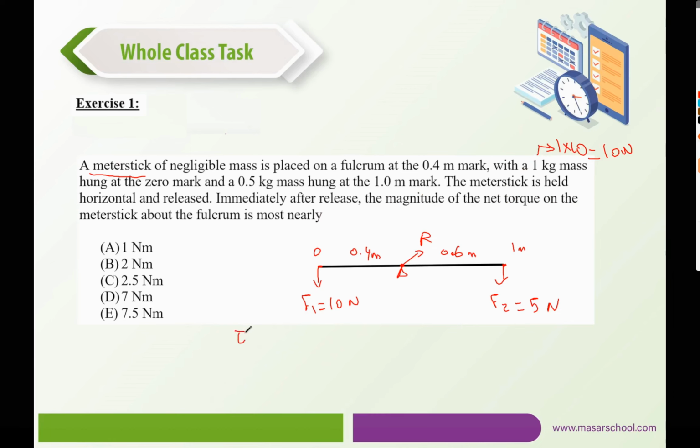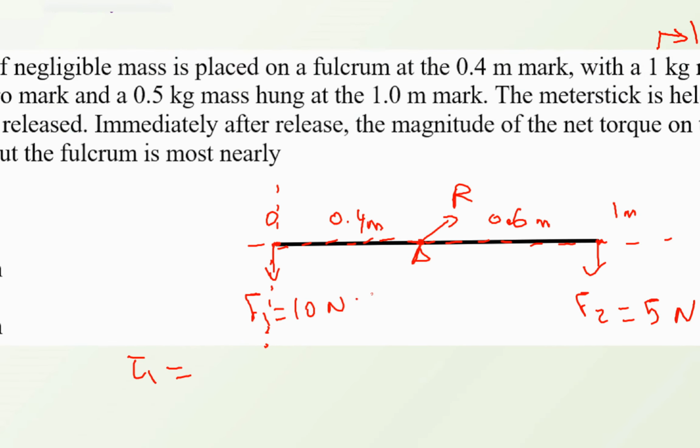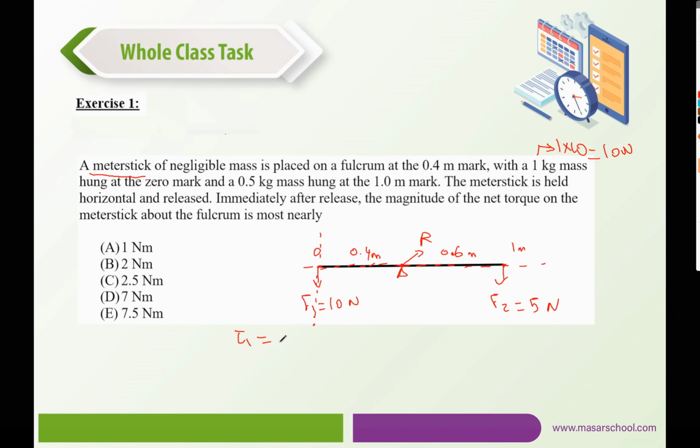Then the torque tau 1 produced by the force F1, where this is the radial direction. Now F1, which is vertical down, acts along the tangential direction. It will produce torque in this direction, which is the positive direction, so plus F1 multiplied by the distance d, which is 10 multiplied by 0.4, and that would be 4 newton meter.